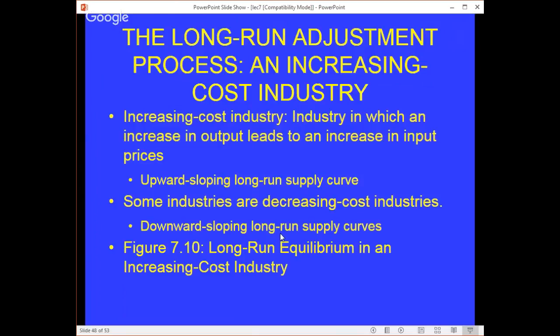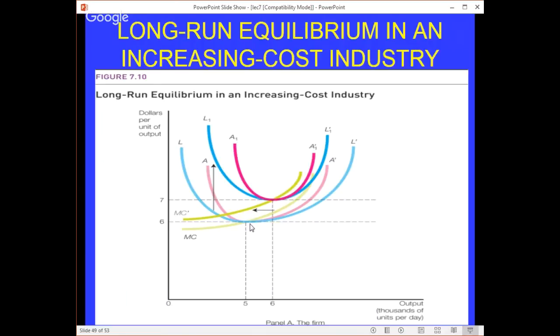What happens if we have an increasing cost industry, an industry in which output leads to an increase in input prices? We have an upward sloping long-run supply curve instead of a horizontal long-run supply curve. So in this case, I start off at 6, and for whatever reason, the price goes up to 7.